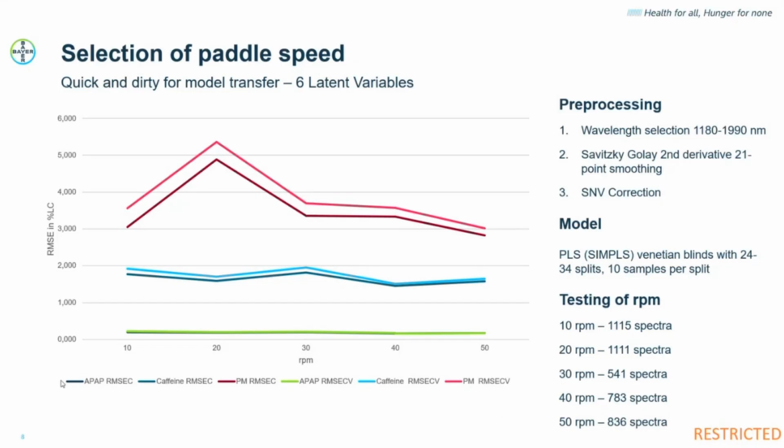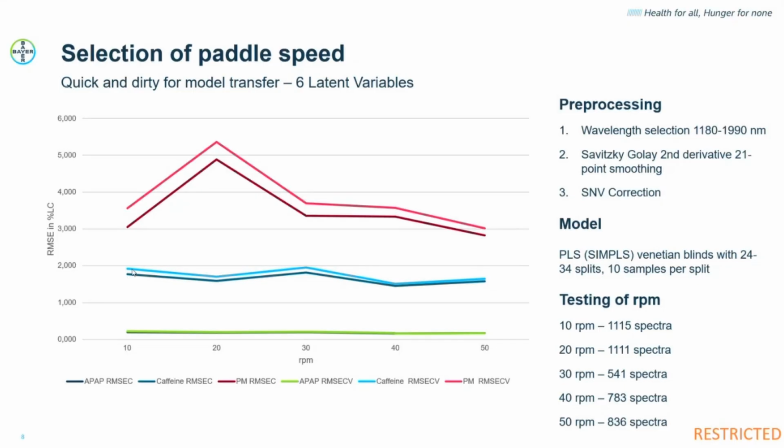So here you can see APAP with our root mean square error of calibration and cross validation, and there's barely anything that impacts APAP. So it doesn't matter whether you go slow or fast, it always nearly stays the same.